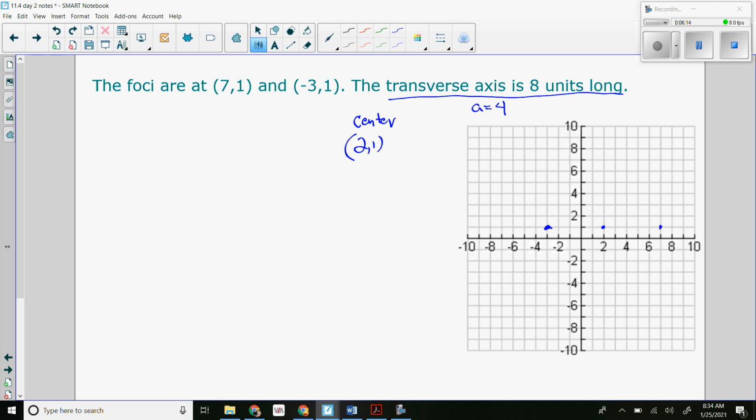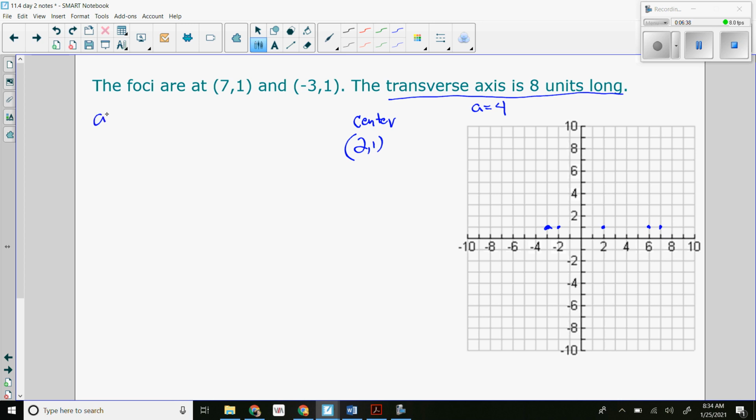Okay. And let's see, the foci then. Well, to find this, first off, the A is 4. So again, from my center, if I go 4 in each direction along that same transverse axis, it'll be there and there. So this one looks pretty similar to the last one, actually, where our A is going to be 4, our C value is 5.